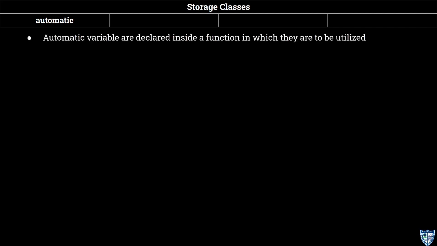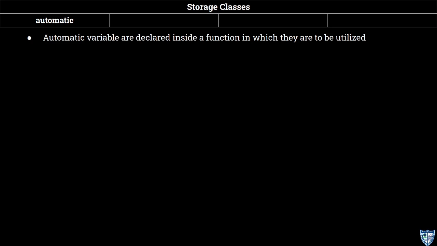The first one of them is automatic storage class. Automatic storage class variables are declared inside a function in which they are to be utilized. When you declare a variable inside a function, like in the previous example, we have declared m and n inside the main function, and we have declared a variable a inside the function func a.